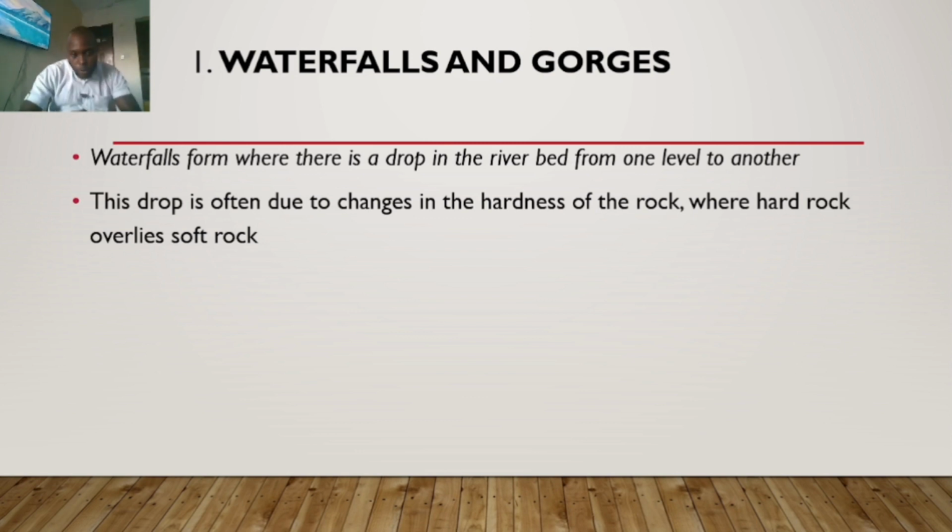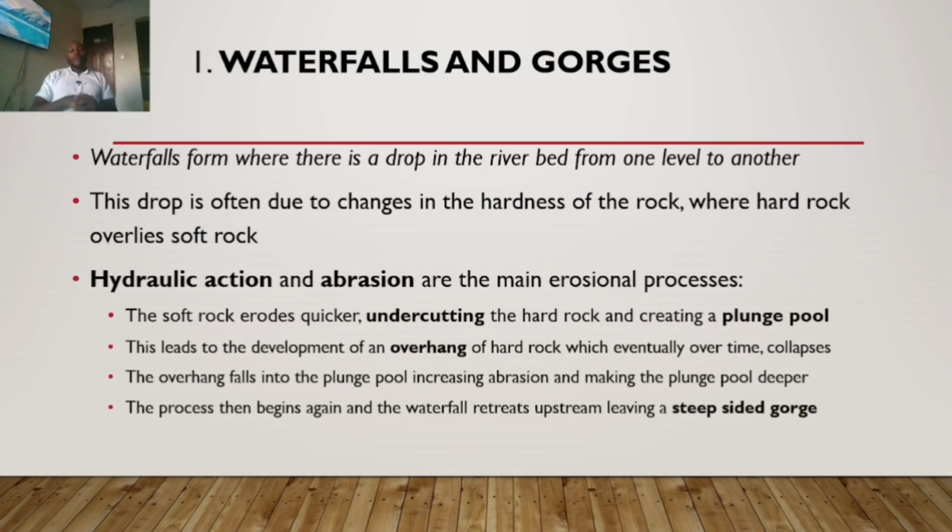Now, what happens there? We have erosion taking place, and of course, hydraulic action and abrasion are the main erosional processes. Understood? So the soft rock, which is under the hard rock, will be eroded through hydraulic action. Remember, I talked about hydraulic action in the previous video, and also abrasion, the types of river erosion.